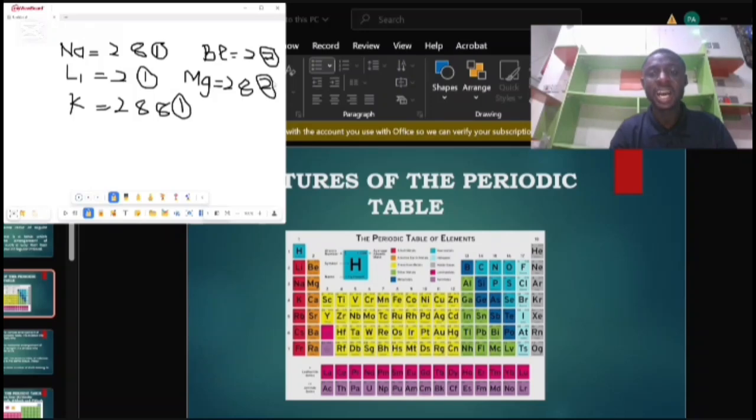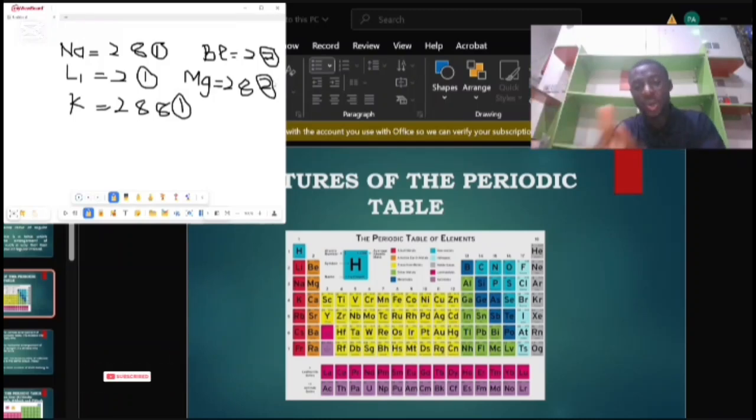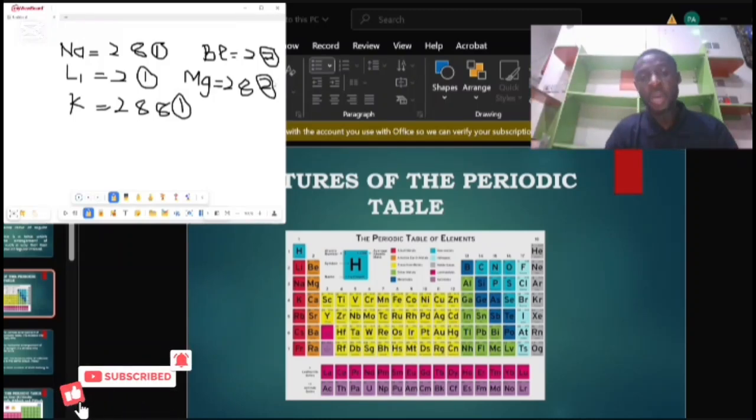That means that beryllium and magnesium have the same valence electron that occurs at regular intervals. So beryllium and magnesium can be found in group 2 in our periodic table.